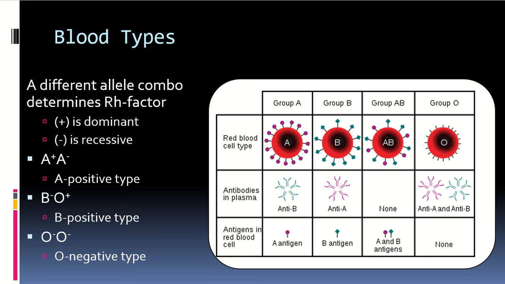And if someone is positive, the fact that O negative lacks Rh factor antigens means there's nothing to react to. If someone who is O positive donates blood to someone who's O negative, the O would still match, but if you give Rh positive blood to someone who is normally Rh negative, the body will start seeing that there are Rh antigens present and will form antibodies to those antigens.